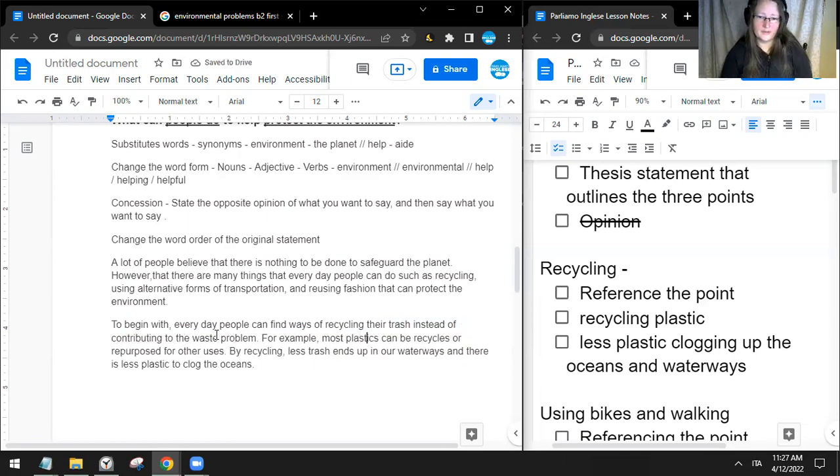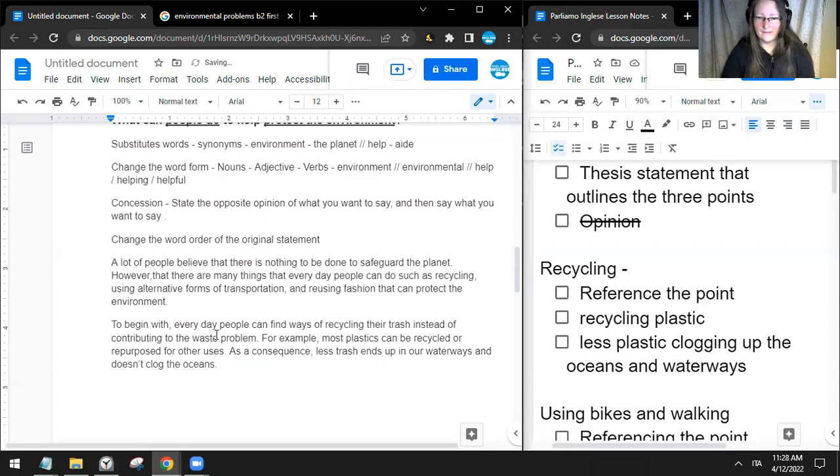For example, most plastics can be recycled or repurposed for other uses. By recycling, as a consequence, less trash ends up in our waterways and doesn't clog the oceans. Okay, easy.